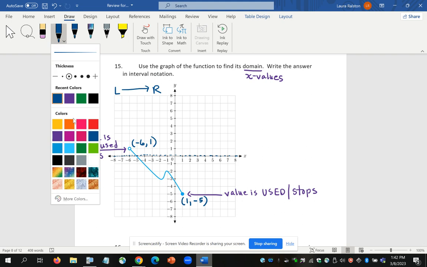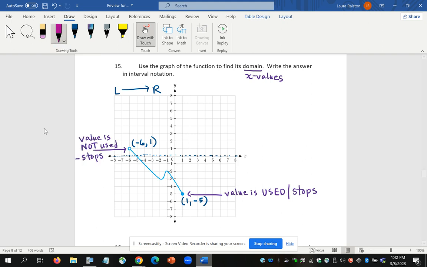So if I think about walking along the x-axis, the first place that I'm going to actually see this graph is when I get to this point of -6. The x value is -6. But that is that open dot, which means it's not used. So we indicate that the open dot is indicated by a parenthesis.